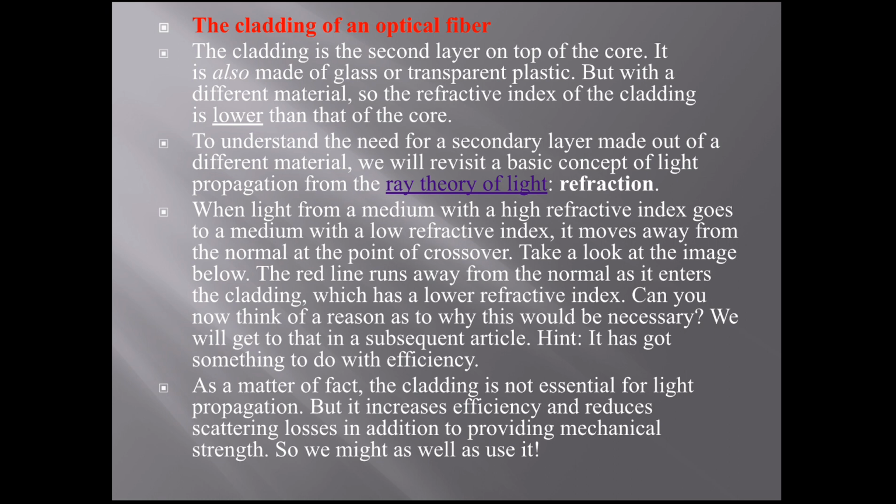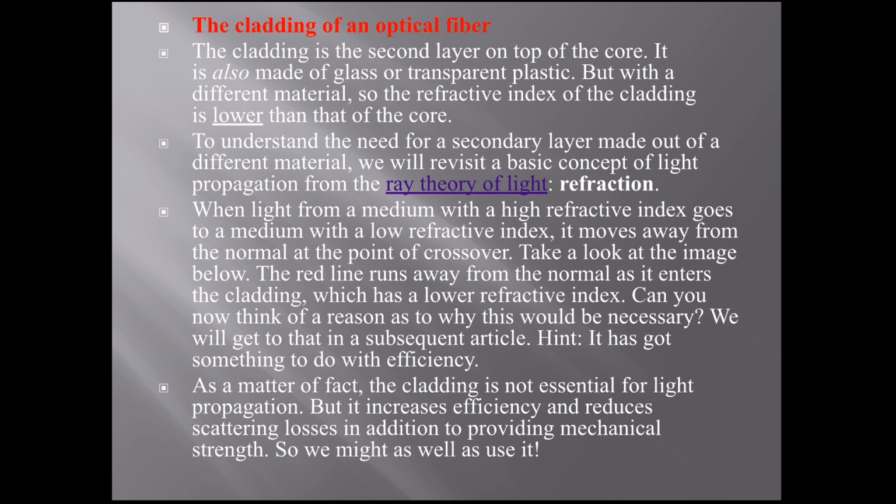When light from a medium with a high refractive index goes to a medium with a low refractive index, it moves away from the normal. Means when light passes from the denser medium to the rarer medium, it always travels away from the normal. At the point of the crossover, take a look at the image below. The red line runs away from the normal as it enters the cladding, which has a lower refractive index.